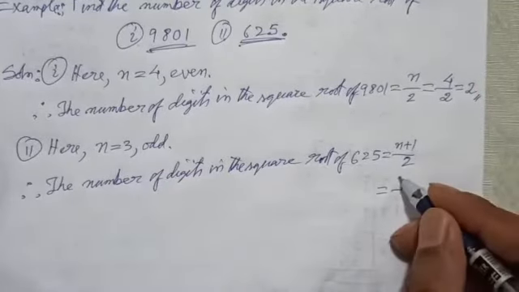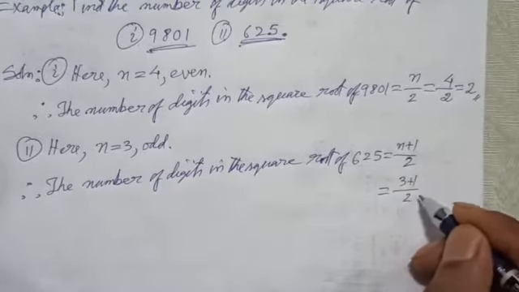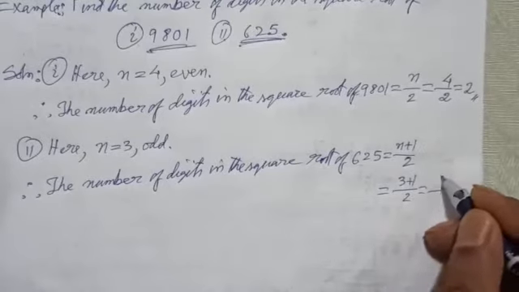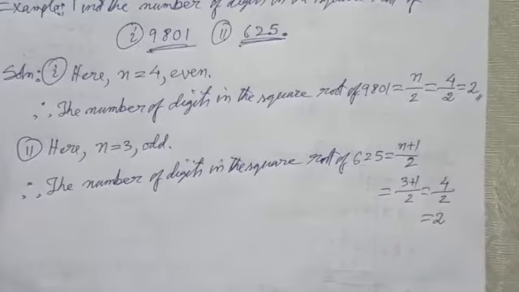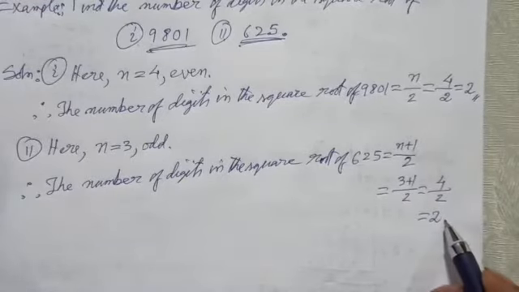So 3 plus 1 by 2. 3 plus 1 is 4. 4 divided by 2. If 4 is divided by 2, then we are getting 2. So this number 2 is the answer.